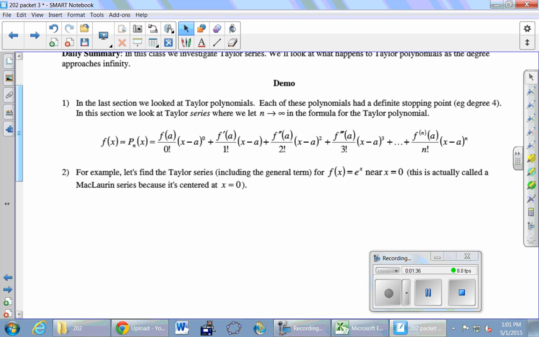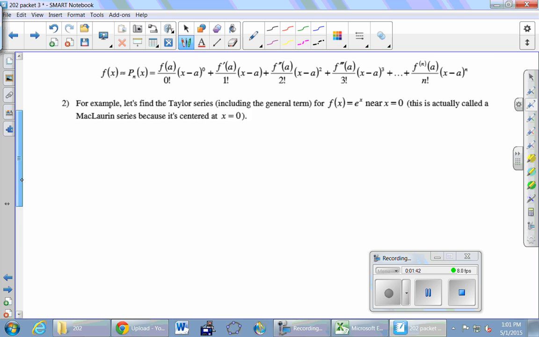Number 2: for example, let's find the Taylor series including the general term for f of x equals e to the x, here with center x equals 0. This is actually called a Maclaurin series. So, brand new definition, Taylor series and Maclaurin series. A Taylor series is just what we did last time, but with infinitely many terms in our polynomial.